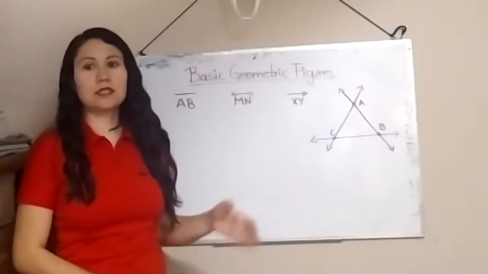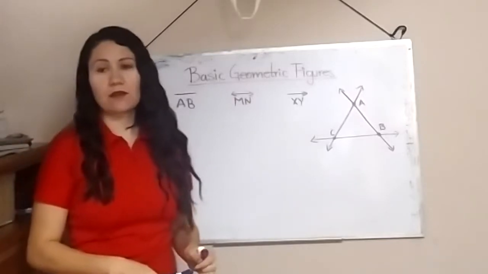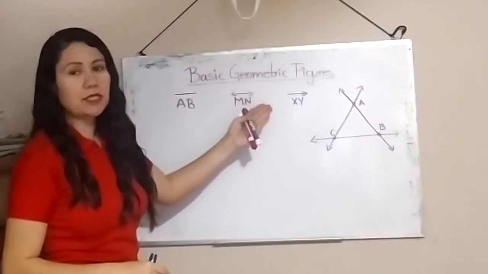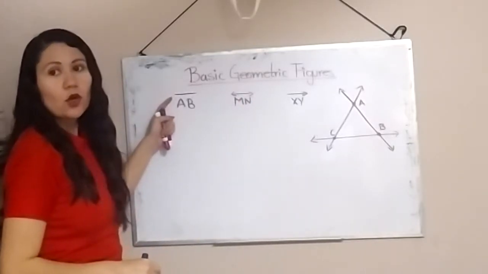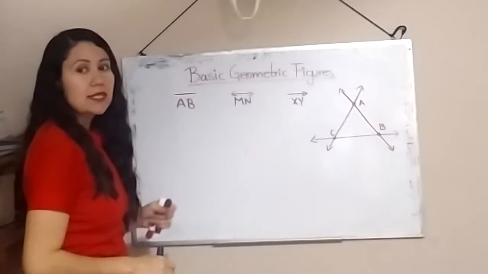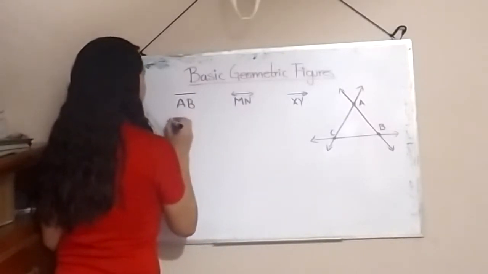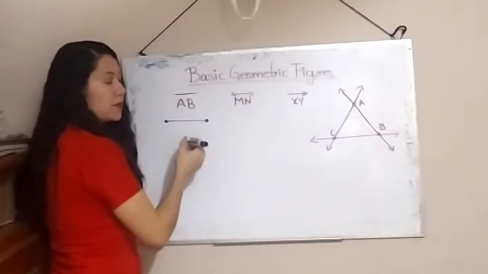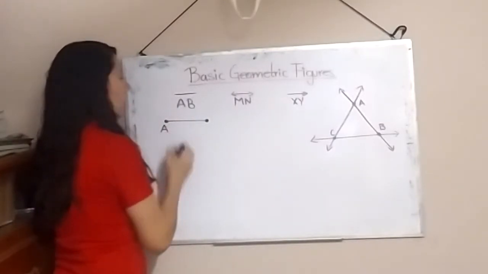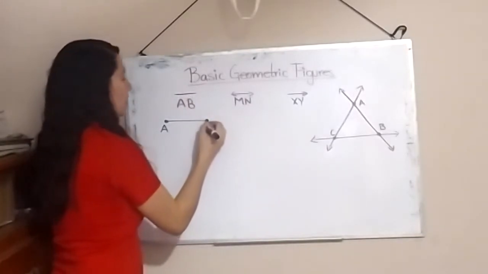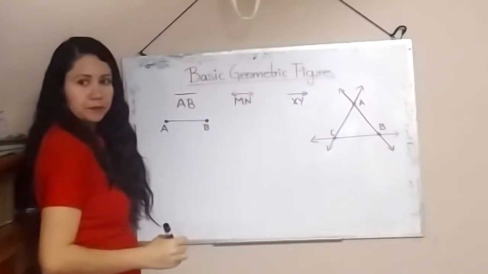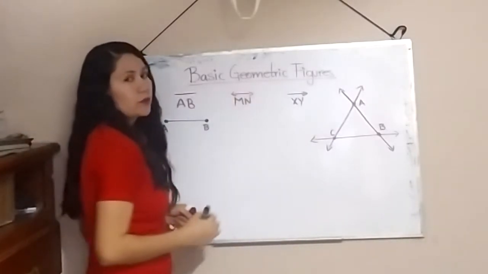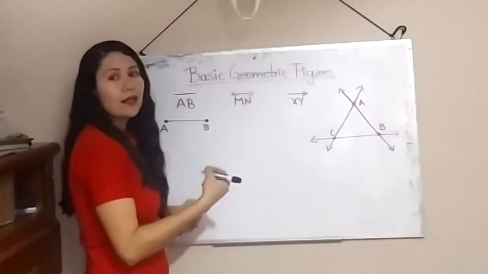Let's solve skill check number 1. First, they are asking us to draw what these symbols represent. This symbol with no arrows represents a segment. It has a beginning, it has an end. The beginning is point A and the end is point B. Number 2, we have 2 arrows. This represents a line.